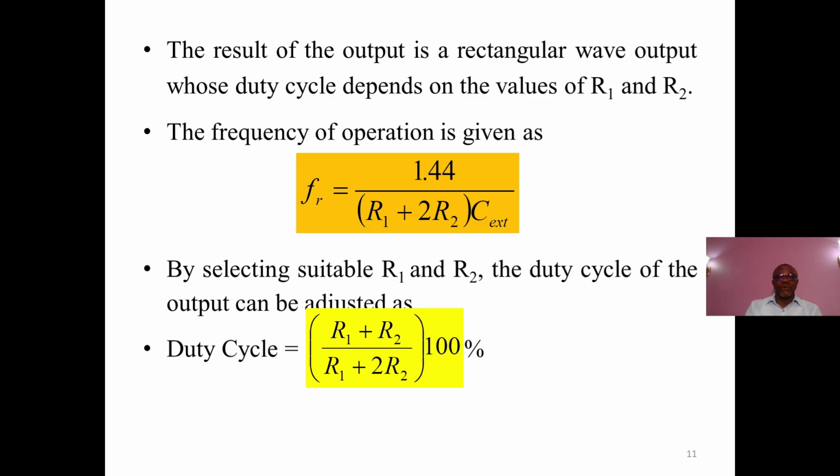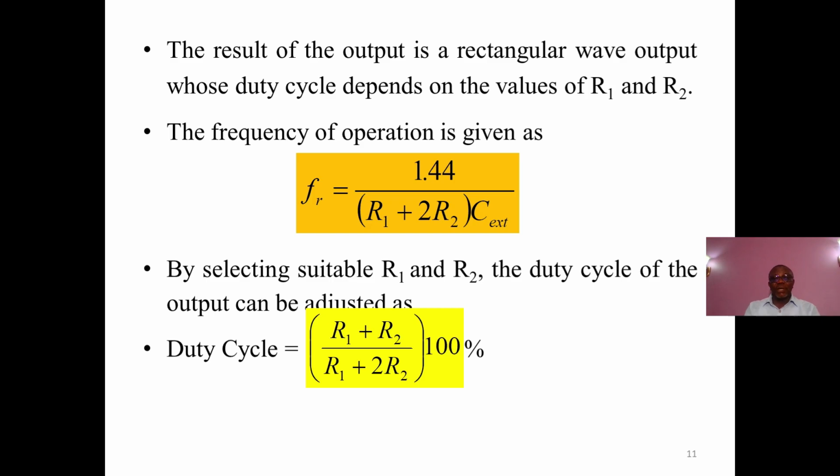The result of the output is a rectangular waveform whose duty cycle depends on the values of R1 and R2. The frequency of operation is given as f equals 1.44 over (R1 plus 2R2) times the value of the external capacitor.